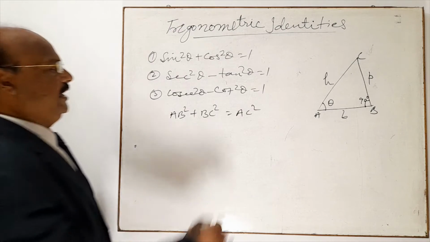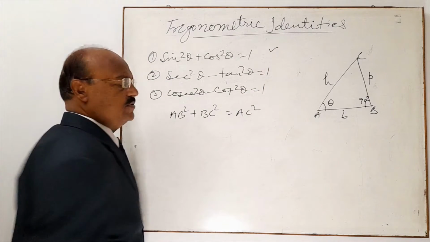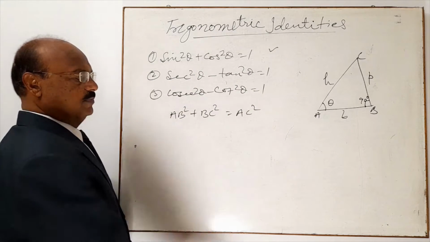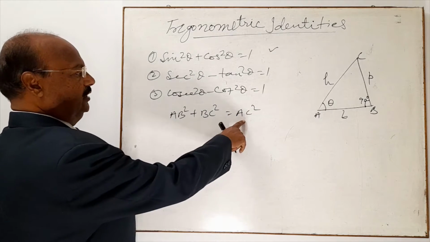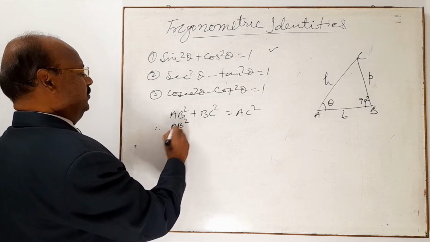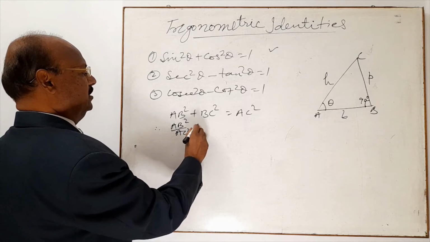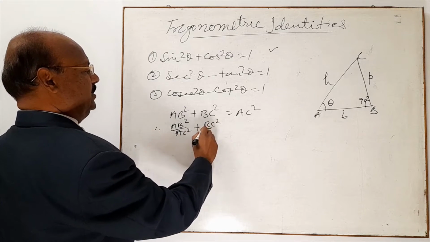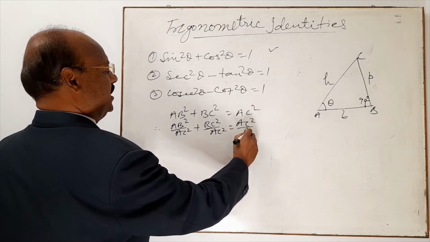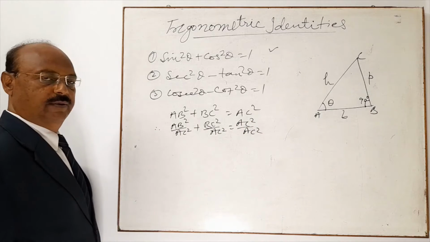First of all, we will try to establish this first formula here. Now let us divide the entire expression by AC square. So therefore, AB square by AC square plus BC square by AC square is equal to AC square by AC square.